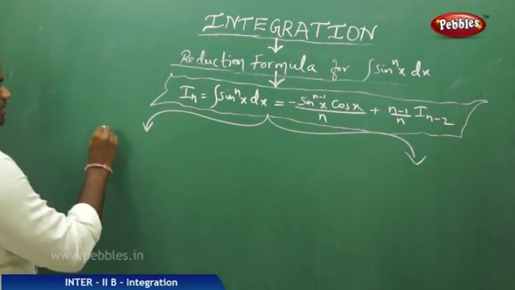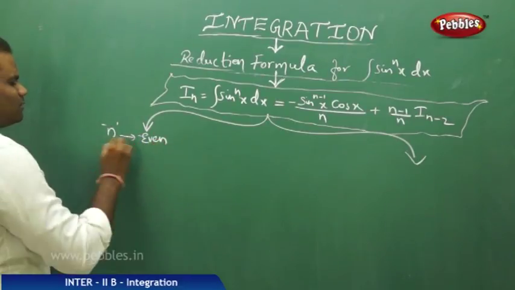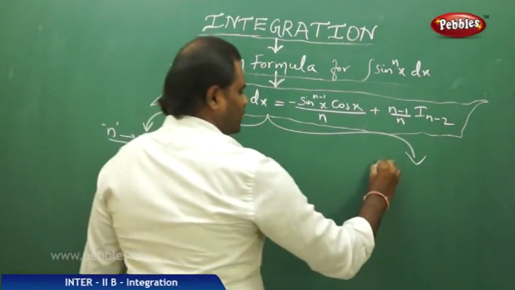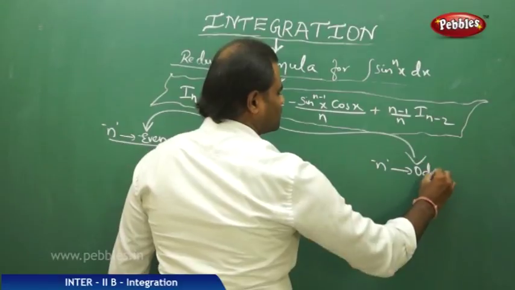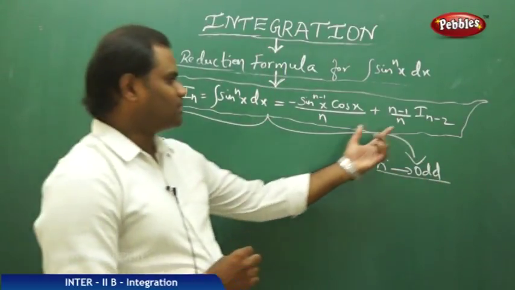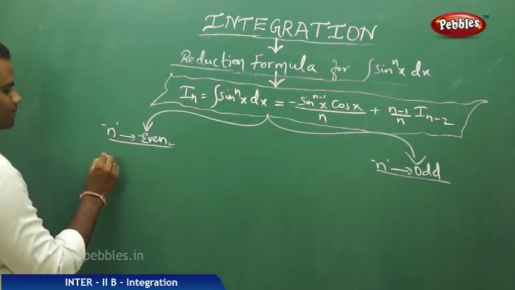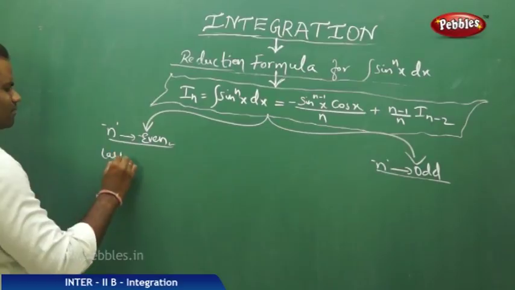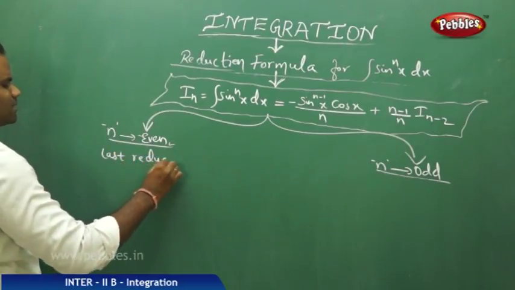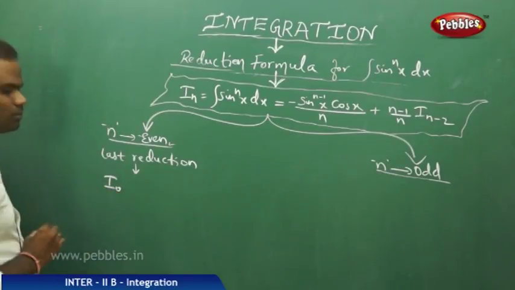So for this, if n is even, then interestingly we see that this reduces to I0. This implies the last reduction is I0.